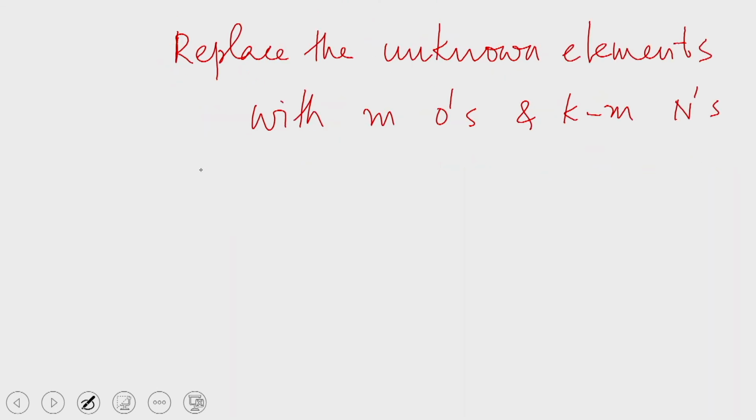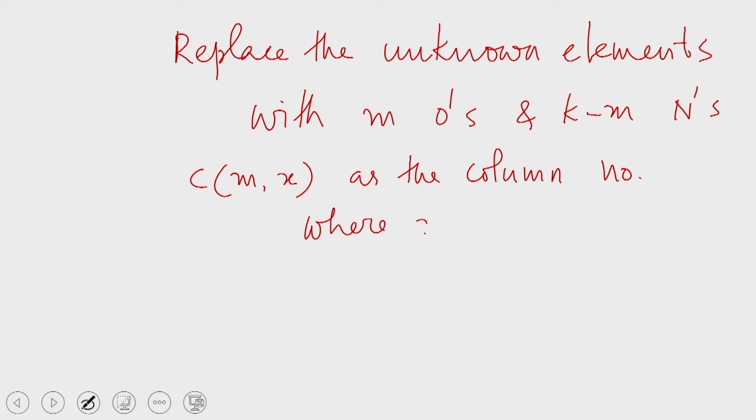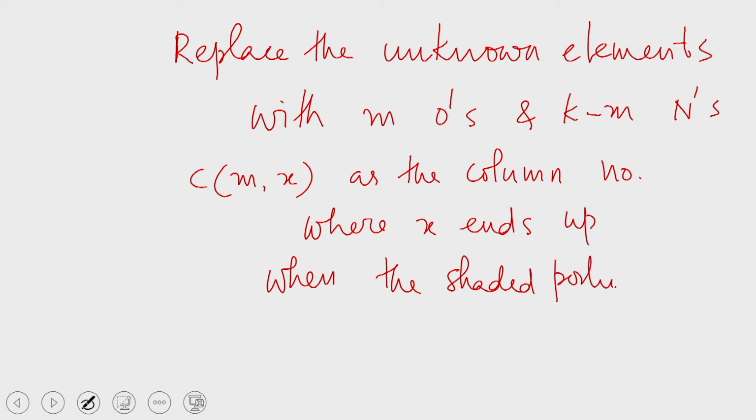So, let me define C_m(x) as the column number where x ends up when the shaded portion, which is the set of unknown elements now, has exactly m zeros, with the rest being all n's.